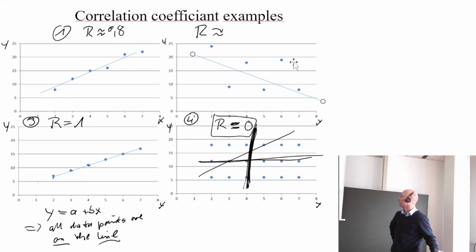What we have learned: we have information not only from the magnitude of R, but also from the dependence, if we assume that y is increasing when x is increasing or y is decreasing when x is increasing.